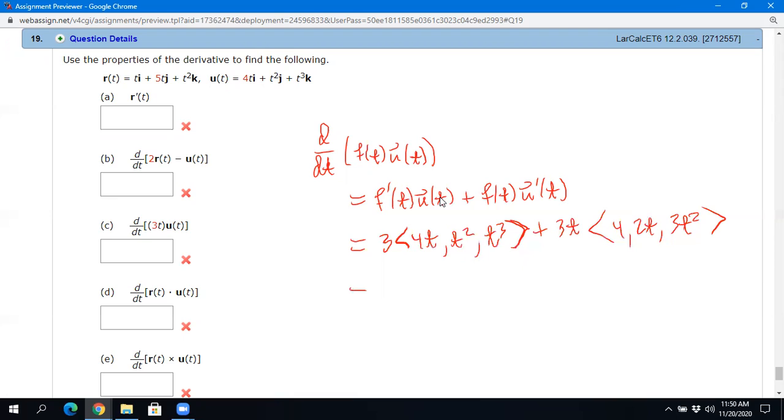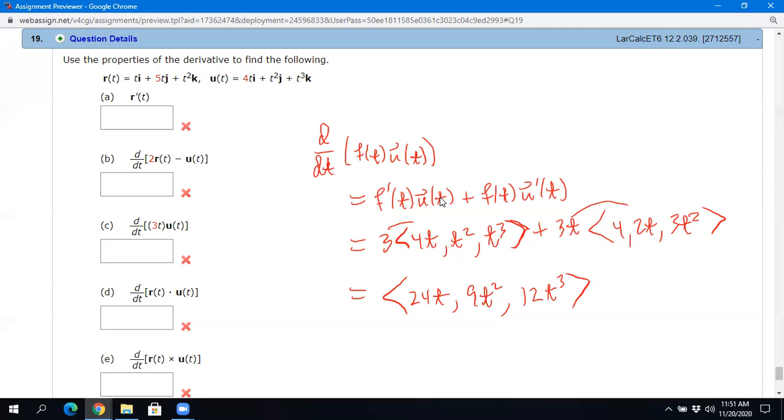So then what's this going to be? If I distribute, it's going to be 12t plus 12t, right? So that's 24t. And then 3t squared plus 6t squared. Do you see what I'm saying? There's 9t squared, and then 3t cubed plus 9t cubed, so it's 12t cubed.